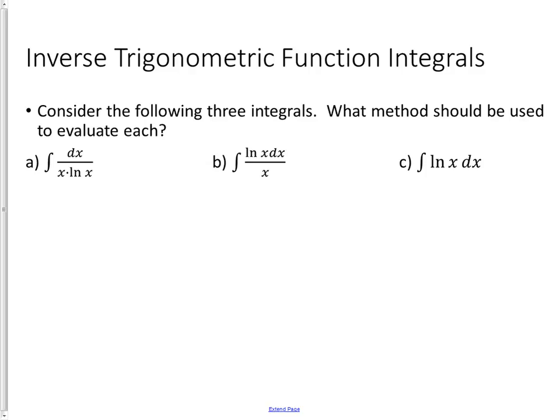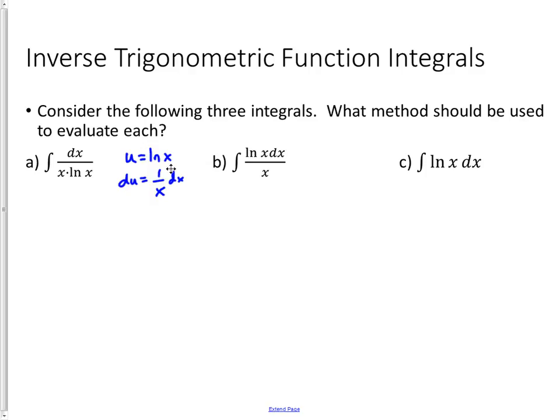And usually that means that we should identify something we can take a derivative of directly. Right here, in our first case in A, we might note, well, okay, I don't know what to do with natural log of x, but I do know that when I take a derivative of the natural log of x, I get 1 over x dx. And look at what we've got right now. We certainly have that situation, don't we?